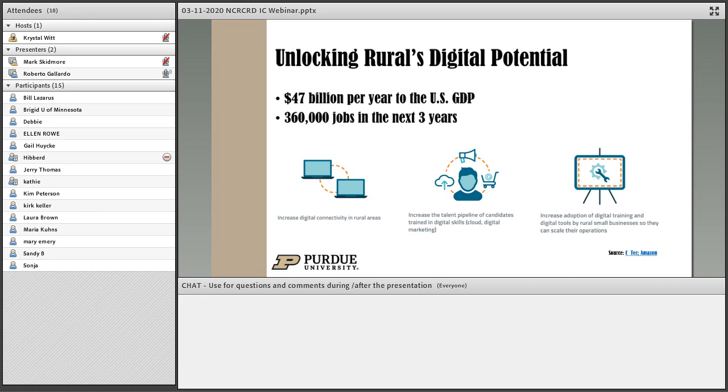And lastly, some of these businesses are simply not adopting digital strategies and digital services and so forth. So those are the three main barriers as to why these numbers are not being unleashed. Again, we're going to go back to this later on, but this is something interesting to share with you.